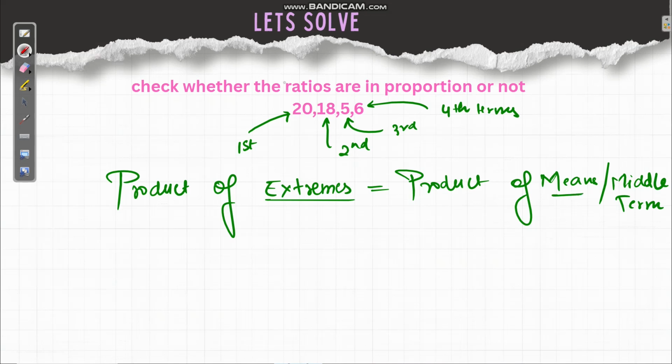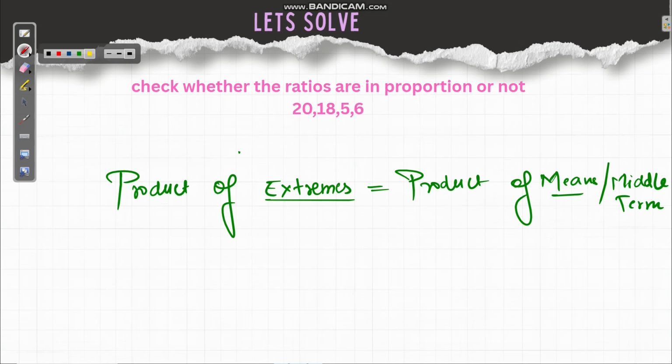The numbers over here which are at the extreme, that is this 20 and this 6, are known as extremes because they are at the extreme ends, left and right. And the numbers which are in the center, that is this 18 and 5, are known as means or middle terms.